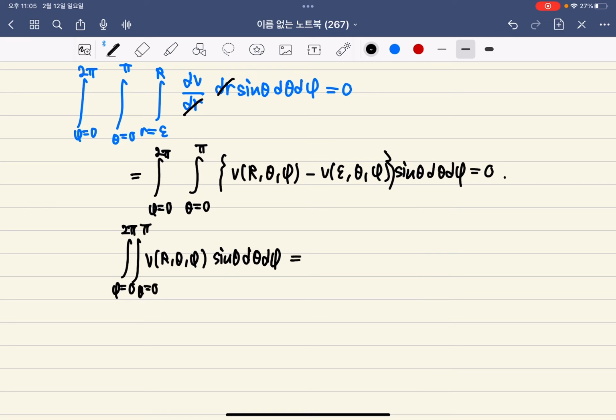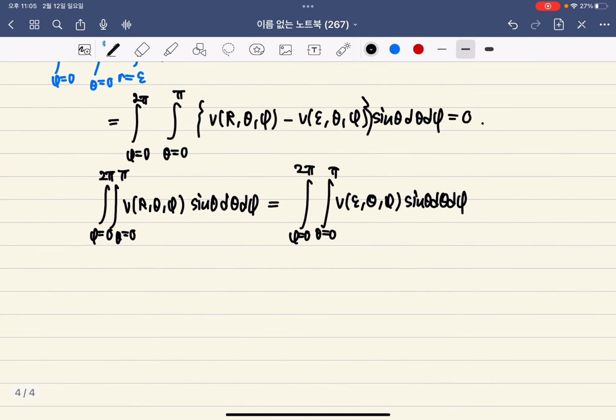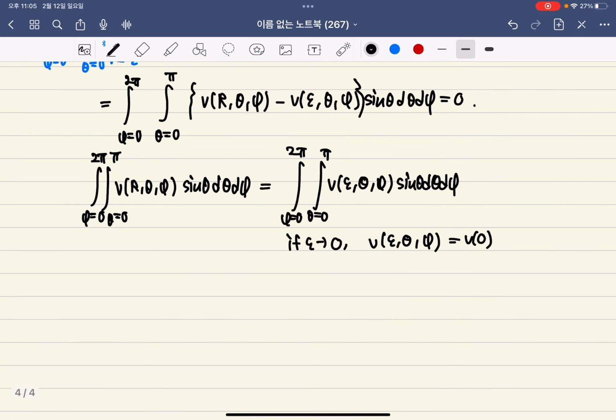And this equation is equal to the integral of v(epsilon, theta, phi) sine theta d theta d phi, where theta is 0 to pi and phi is 0 to 2 pi. And if we think of epsilon going to 0, then v(epsilon, theta, phi) will just be v0, so it is a constant.